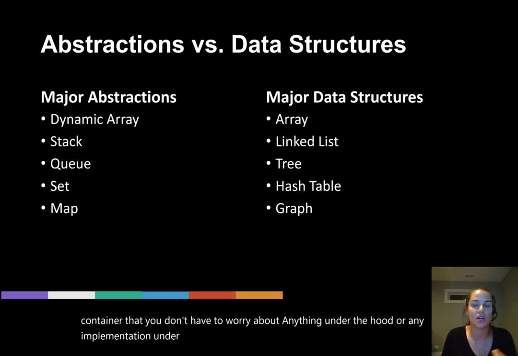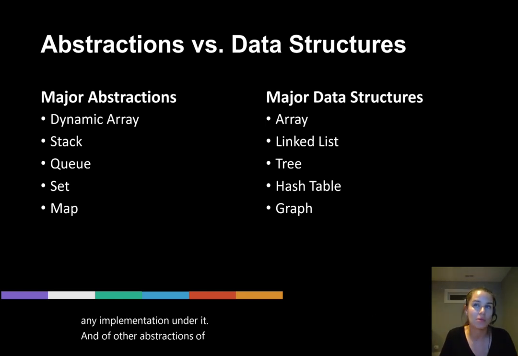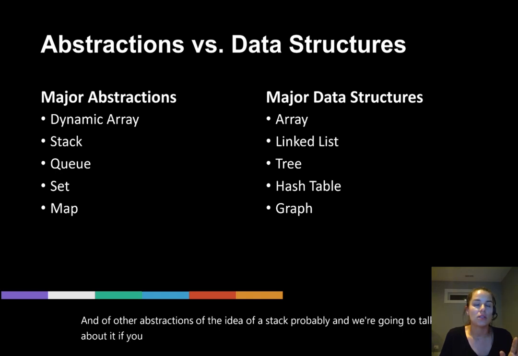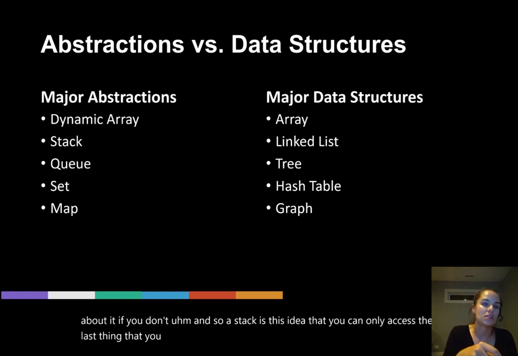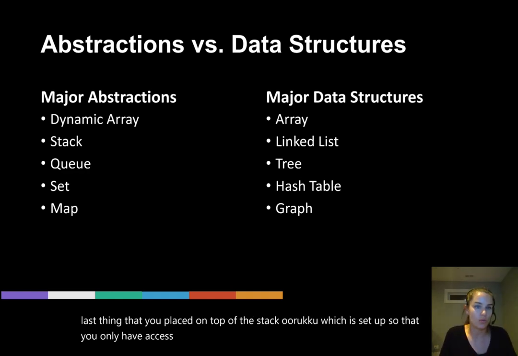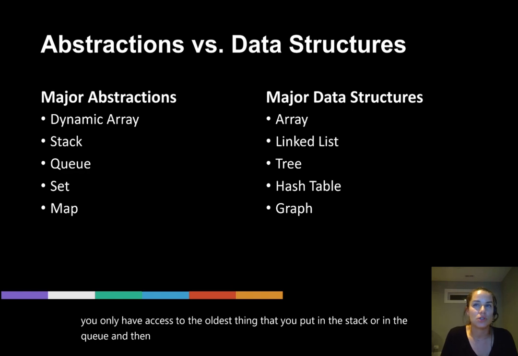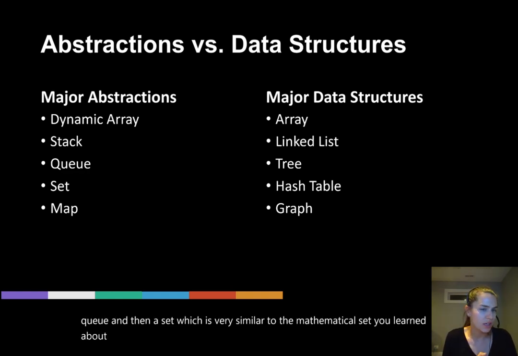And you know of other abstractions. You know of the idea of a stack, probably, and we're going to talk about it if you don't. A stack is this idea that you can only access the last thing that you placed on top of the stack. Or a queue, which is set up so that you only have access to the oldest thing that you put in the queue. And then a set, which is very similar to the mathematical set you learned about in your theory class.